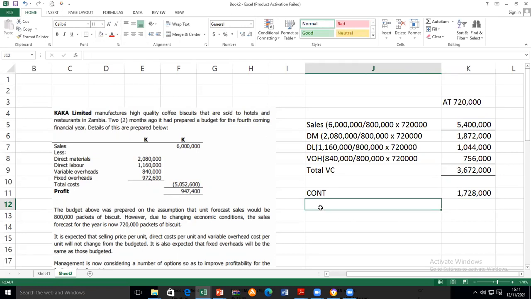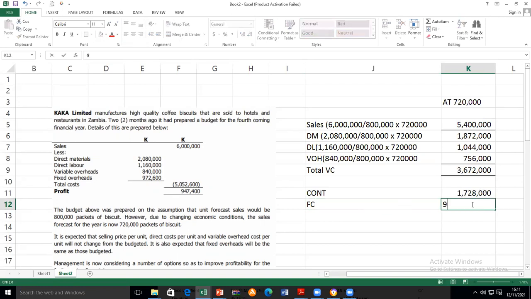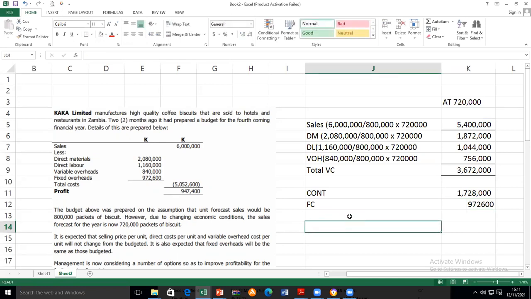And the fixed cost. That gives you profit.